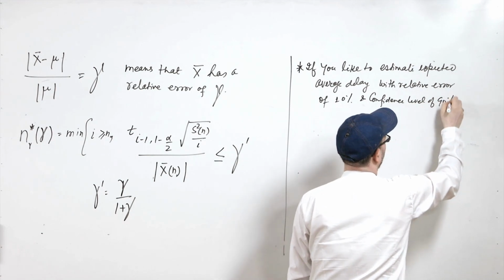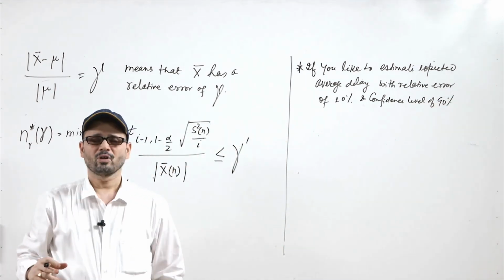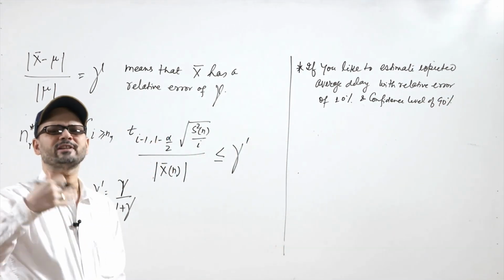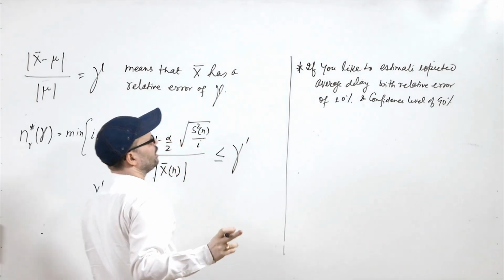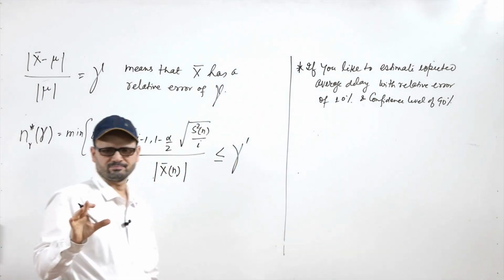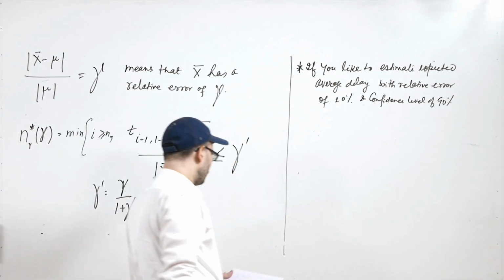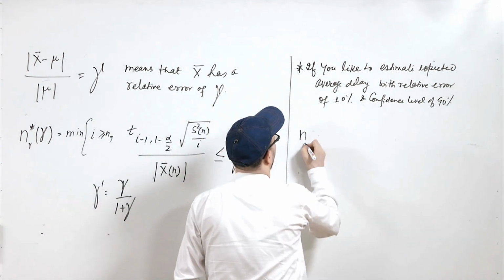So, what will happen? You have to go for n more than 10, so that this relative error comes out to be only 10%. So, in that case what we see is NR.